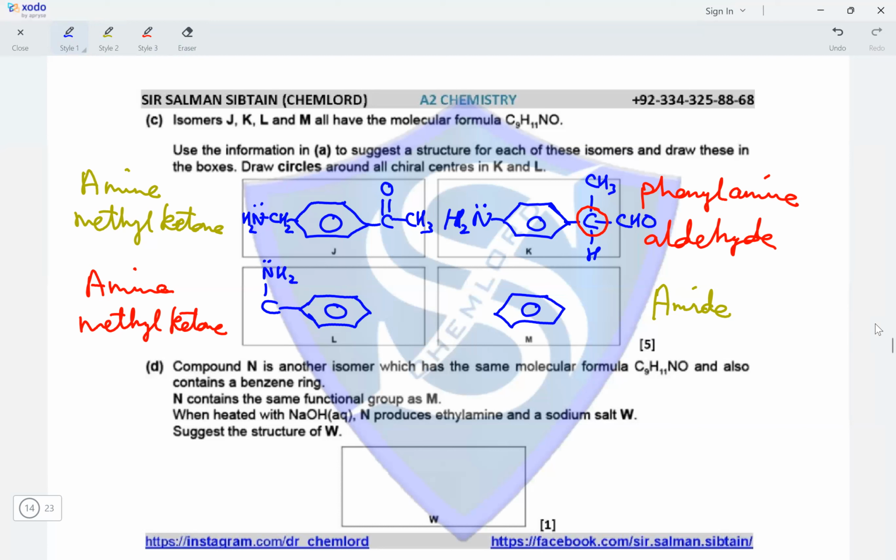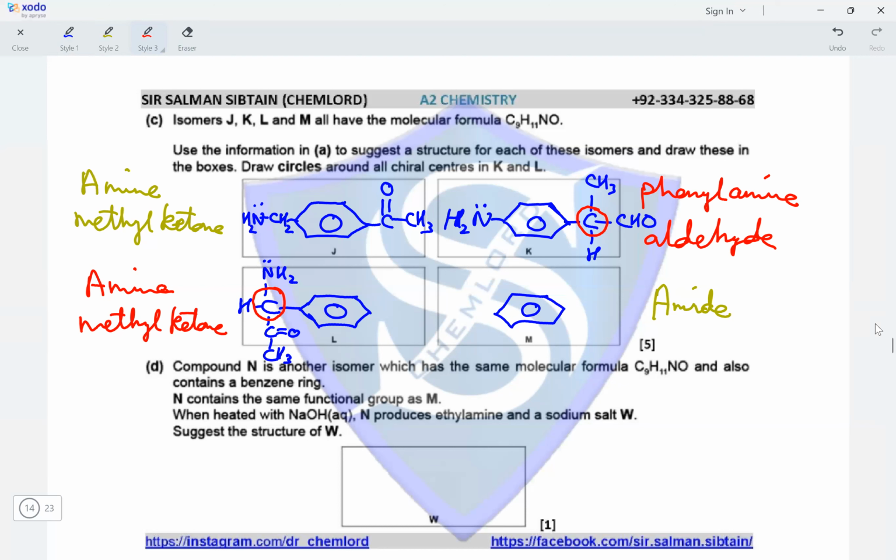Now we're left with two carbon atoms, and we have a methyl ketone as well. So a C double bond O and a CH3 group on one side. That would make it nine carbon atoms in total. So the only atom we are left with is a hydrogen atom. So that makes this carbon atom with these four groups attached to it a chiral carbon as well. So this will be the structure for compound L.